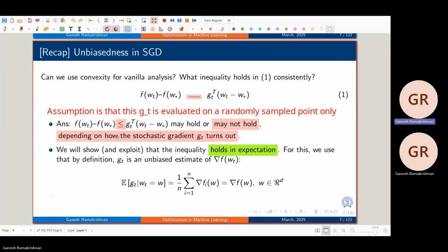So we will avoid using the index i, and that's what we did in the previous slide. If g_t were to be treated as a random sample point gradient, then we have a problem with this inequality unless we consider expectation.